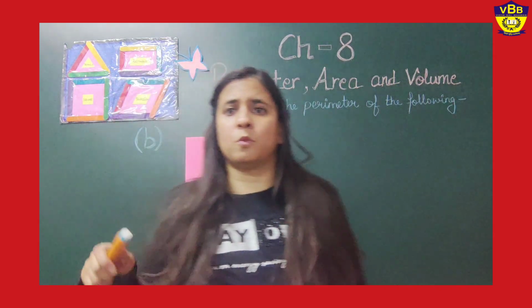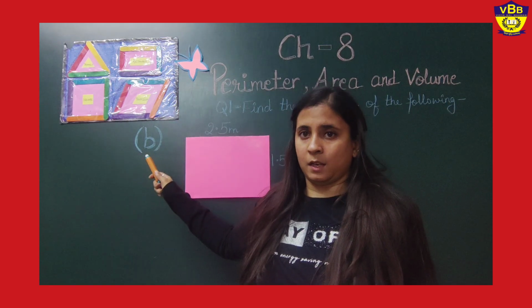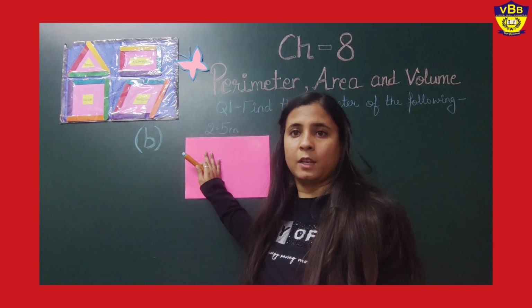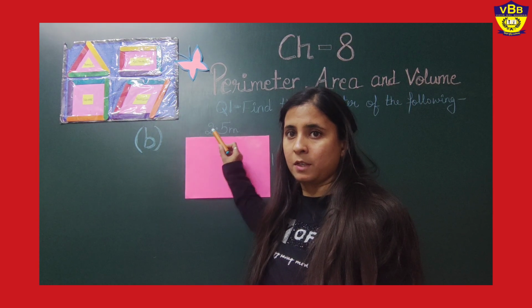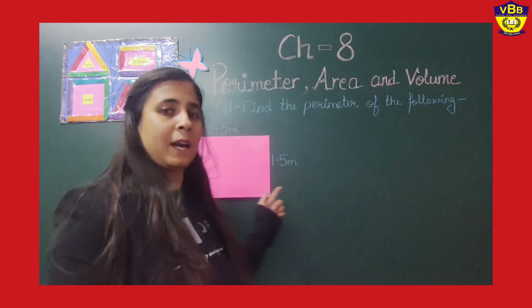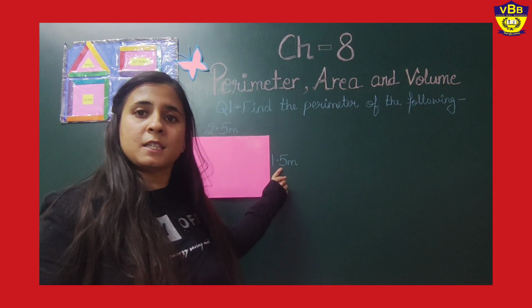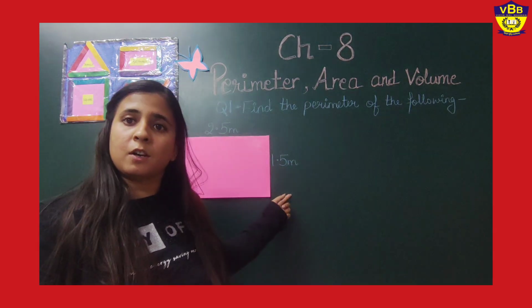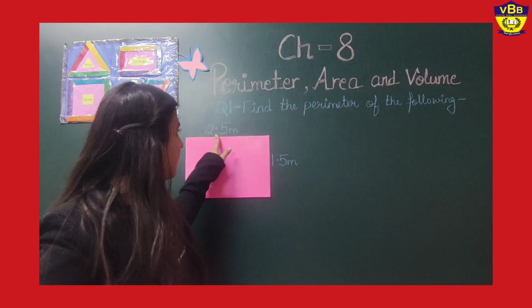Here on this board, I am going to start with part B of question number 1. It says it's the shape of a blackboard and its length is 2.5 meter and the breadth is 1.5 meter.